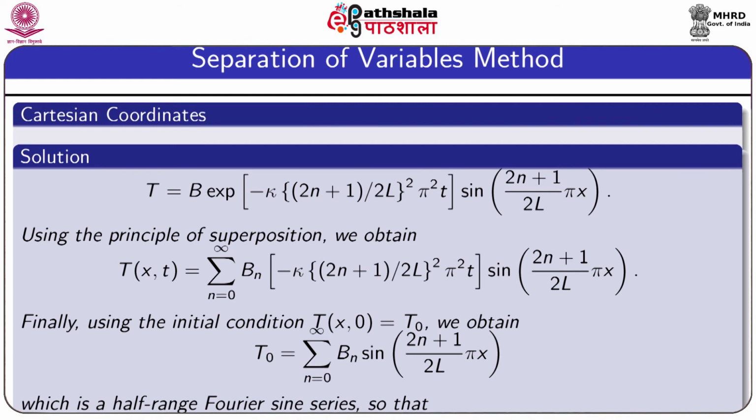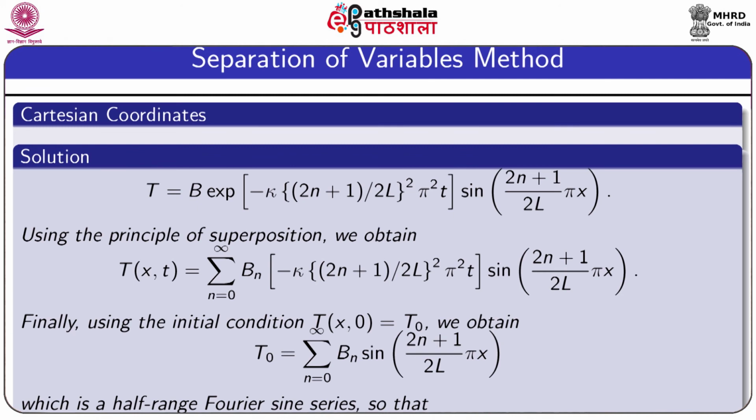Finally, we have to use the initial condition T(x, 0) equals T0. So, using that initial condition, we obtain T0 equals the sum over n of Bn sine of (2n plus 1) pi x by 2L. So, this is a very well known series, and this is called the half range Fourier sine series. And we know how to find the constant Bn from this half range Fourier series.